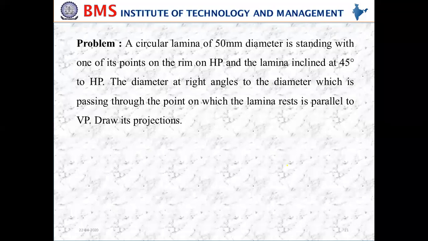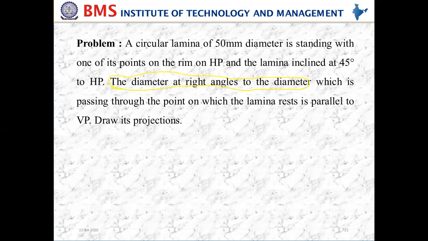The diameter at right angles to the diameter. See here, the statement which you are going to read here is very important. Keep this statement in mind: the diameter at right angles to the diameter which is passing through the point.